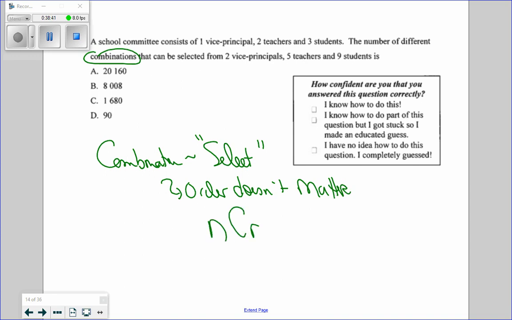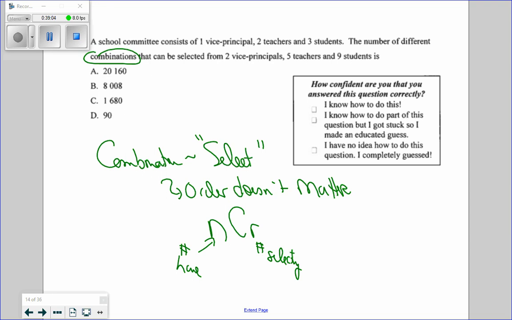All of these questions are done using the formula nCr. So n is the number that you have. r is the number that you are selecting.